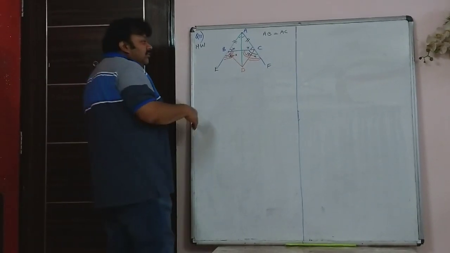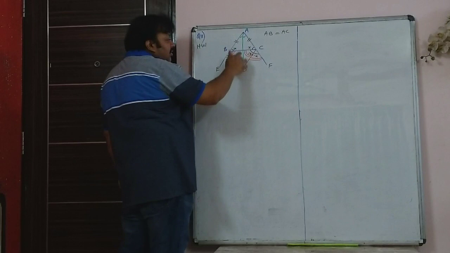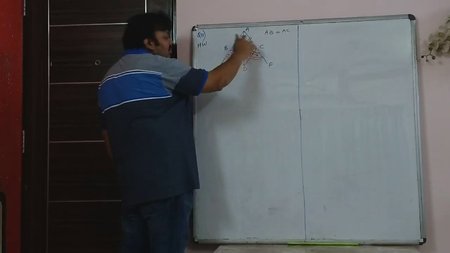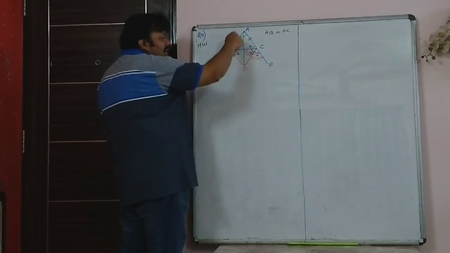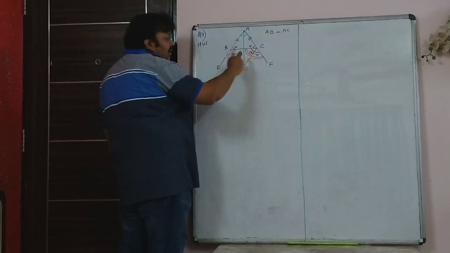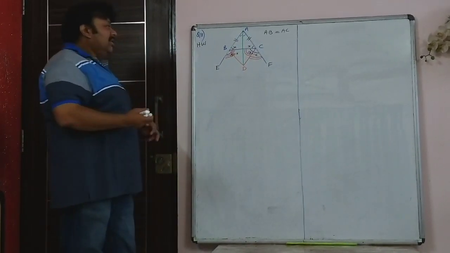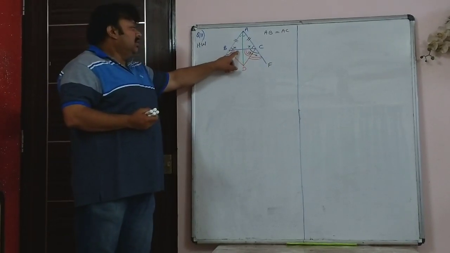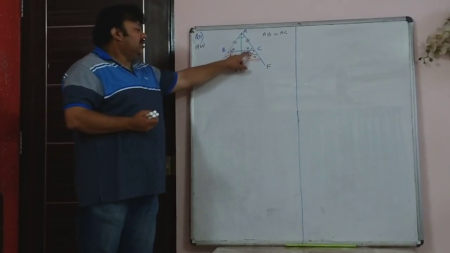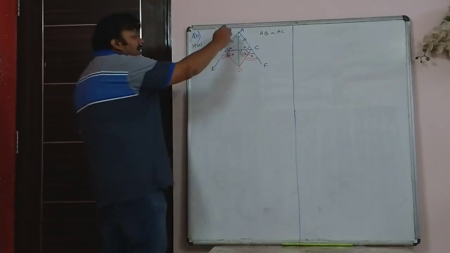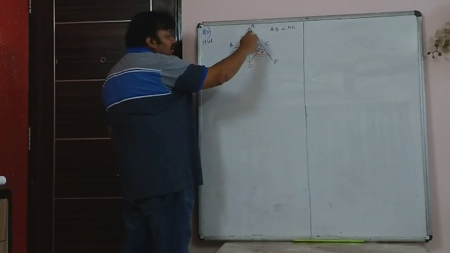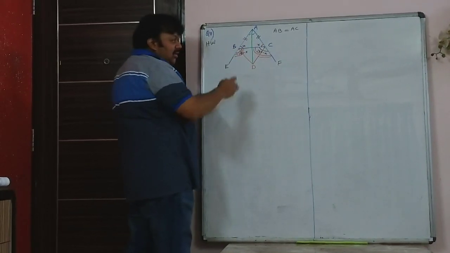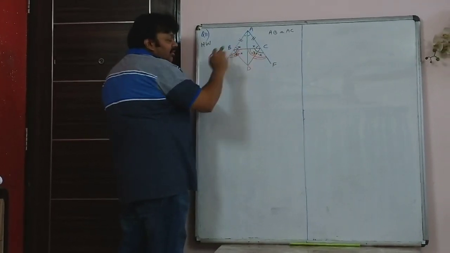So basically, we have a common side, AD. Now you are going to take these two triangles, that is triangle ABD and triangle ACD. So basically what we have to prove is that this part and this part are equal. So if we can prove angle ABD is equal to angle ACD, which is very easy, it will be x plus y.